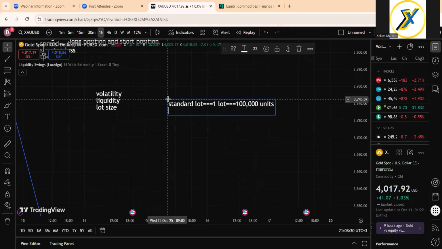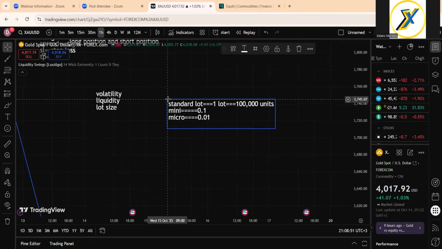Then we have the mini lot. The mini is basically 0.1. You don't have to cram this. I'm going to repeat this. We have the micro. It is just information that I think is important.